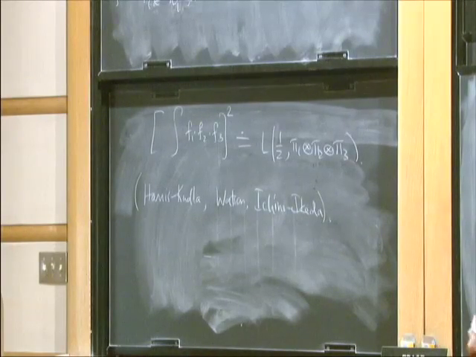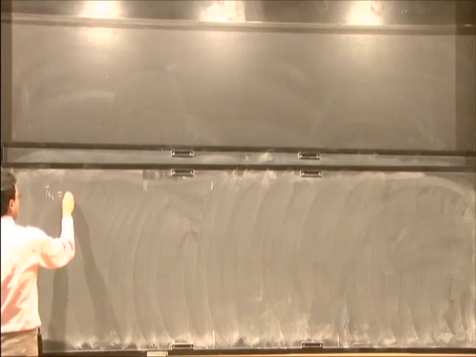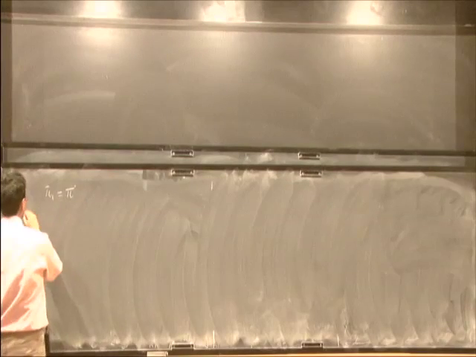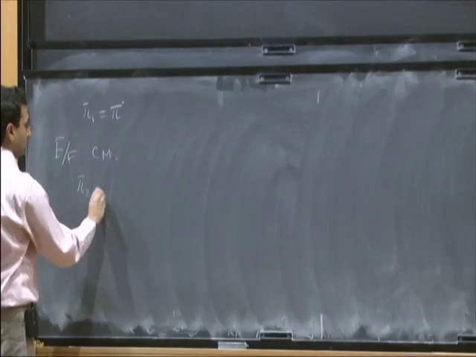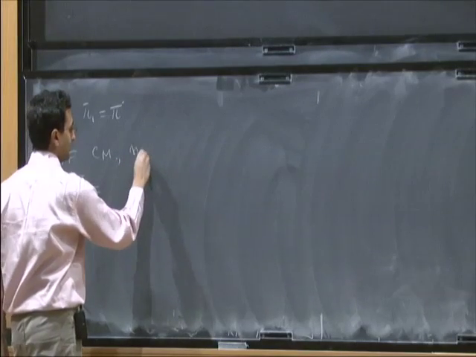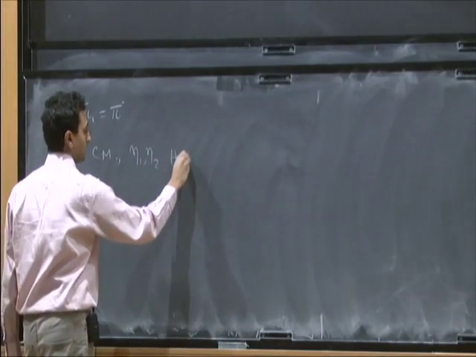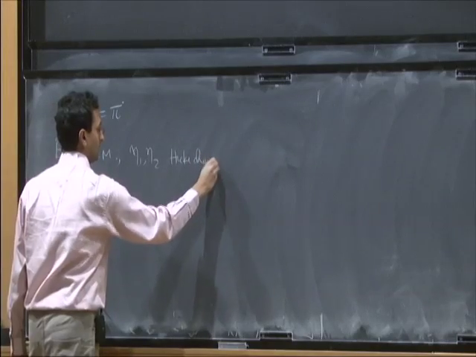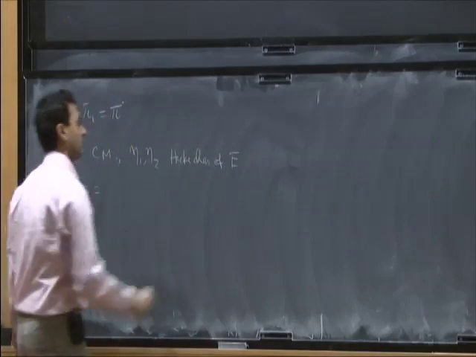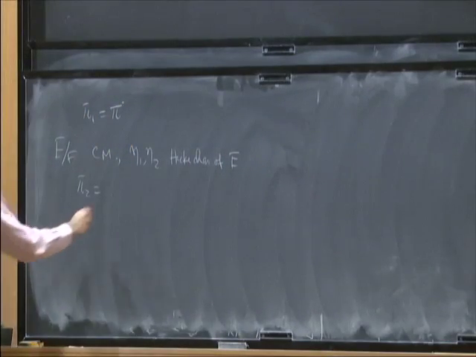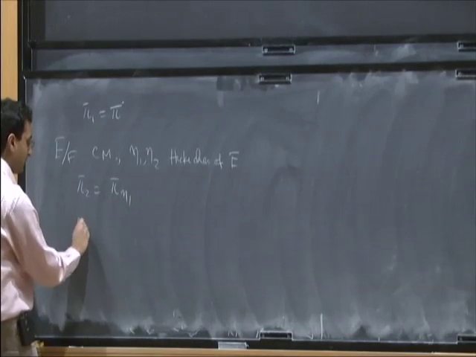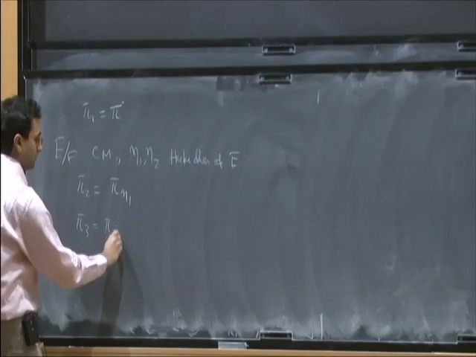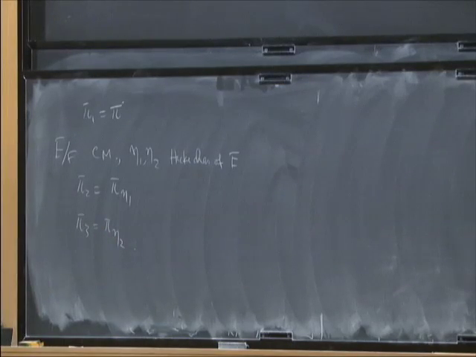So now let's suppose that pi1 is our pi, and we have this CM field E, and we have 2 characters which I'll call eta1 and eta2, Hecke characters of E, and let's say pi2 is the representation associated with eta1, and pi3 is the representation associated with eta2. Okay.